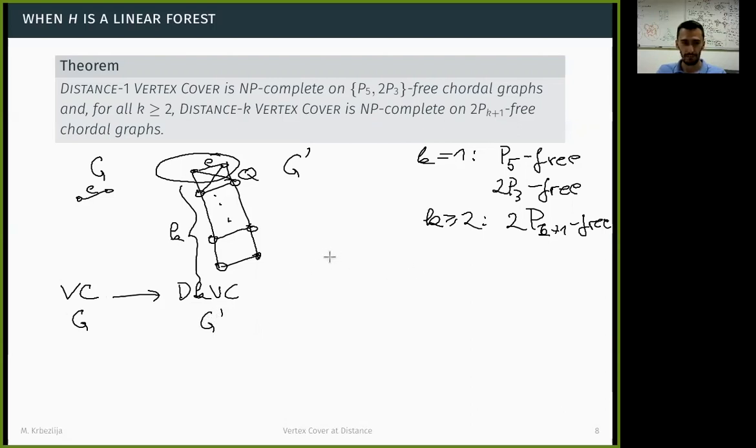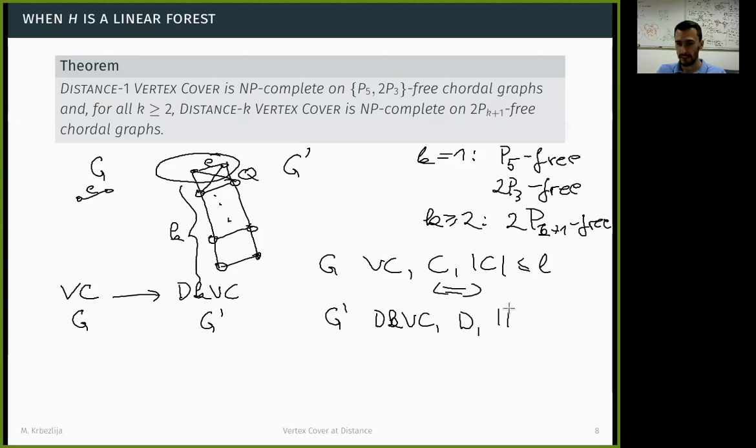Namely, we claim that G has a vertex cover, call it C, of size at most L, if and only if G prime has a distance k vertex cover D of size at most L. And if we have a vertex cover C of G, then we can define D to be the copy of the set C, and every edge of G is covered.